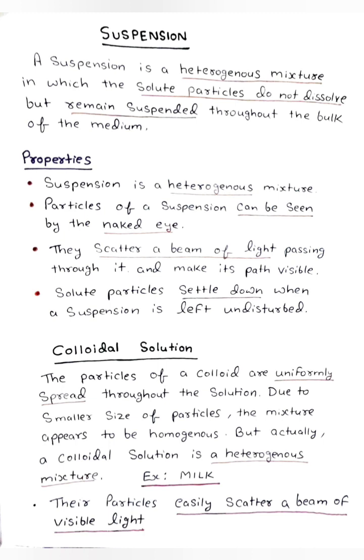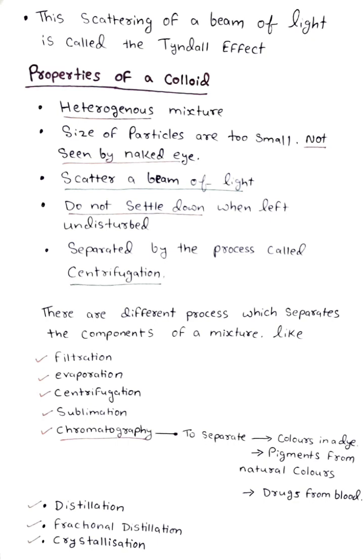Their particles easily scatter a beam of visible light. It shows that it is a heterogeneous mixture. So colloidal solution is a heterogeneous mixture. The scattering of a beam of light is known as the Tyndall effect. Properties of a colloid. It is a heterogeneous mixture. The size of the particles is too small to be seen by the naked eye.